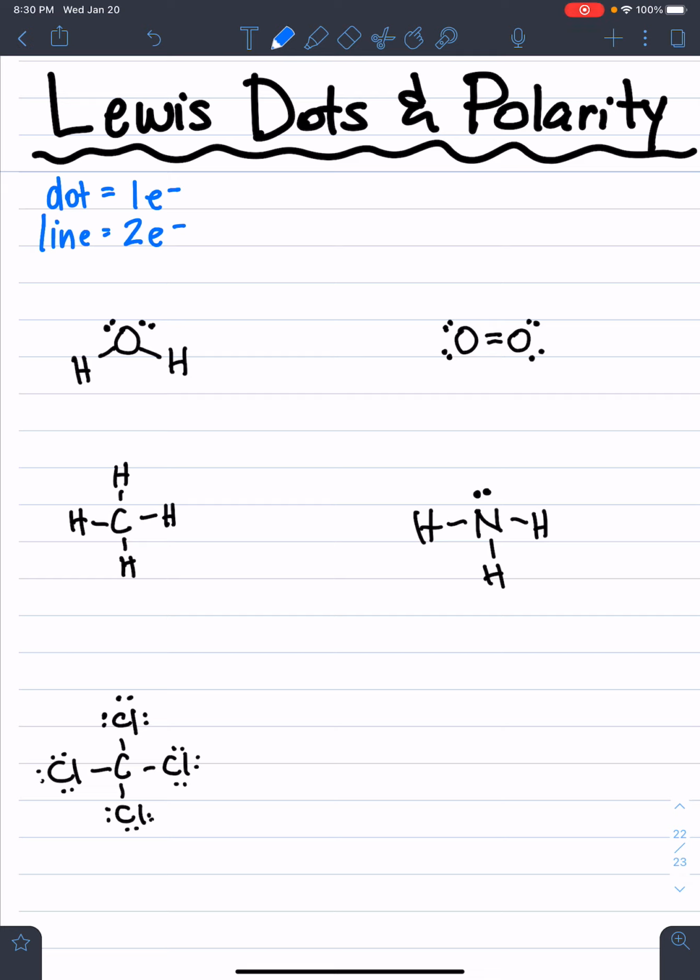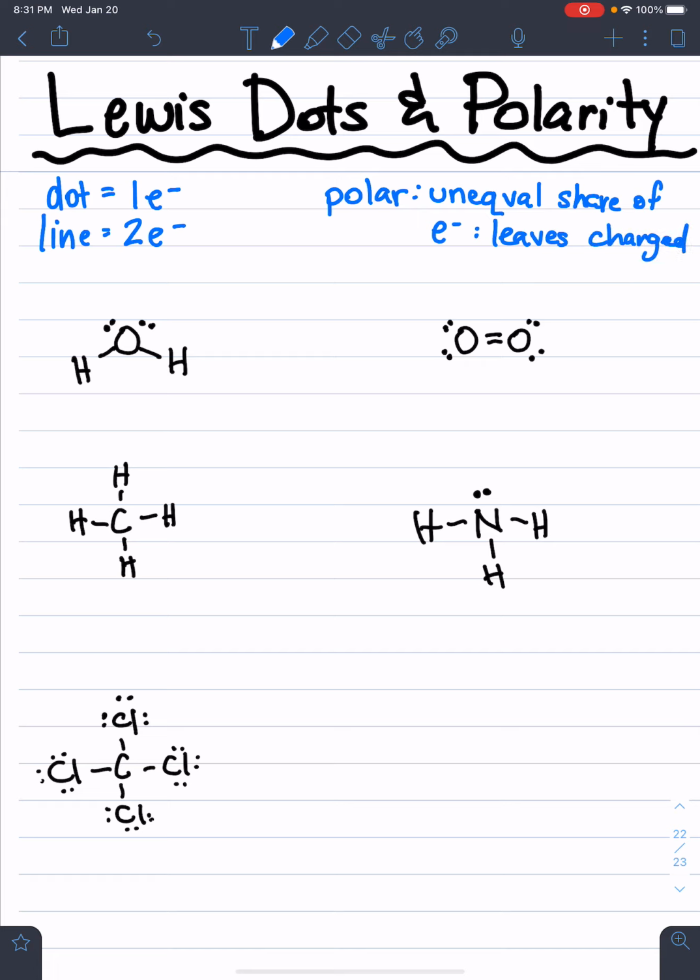Now, we also need to remember for this the definition of polar. So polar is when there's unequal sharing of electrons. It also is going to leave a charged end. So we're going to be talking about that.